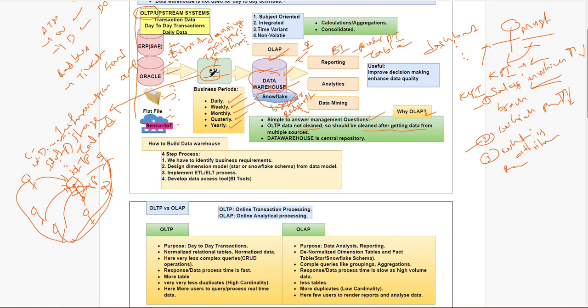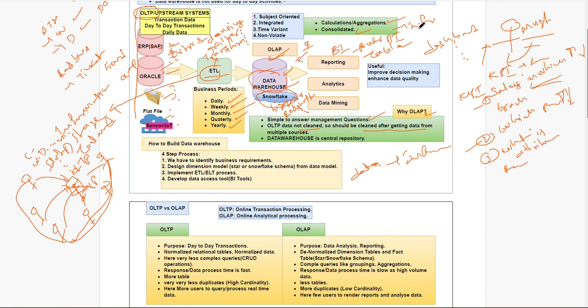So when data becomes information, it means raw data is transformed in such a way, based on requirement, by doing some calculations and aggregations. After consolidating, the data becomes meaningful information.